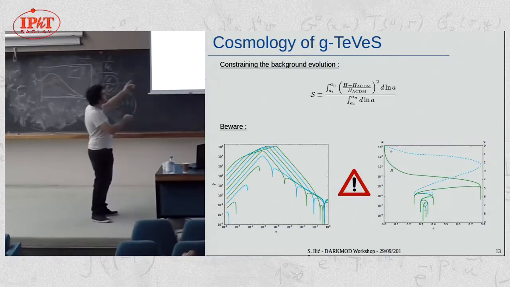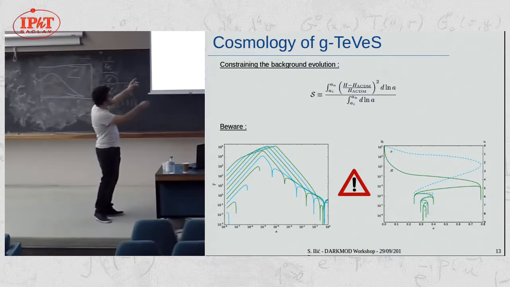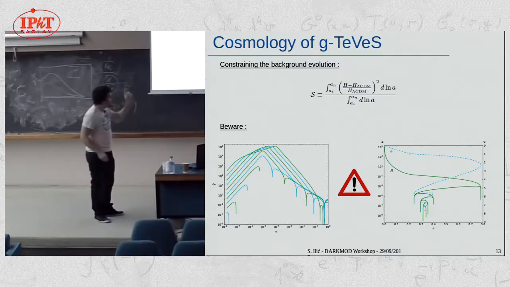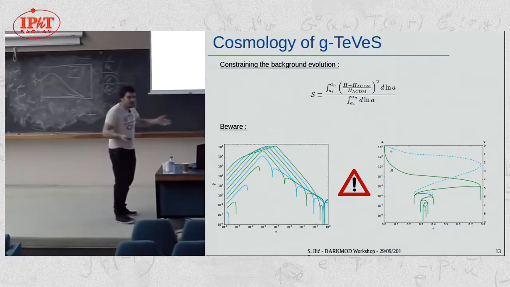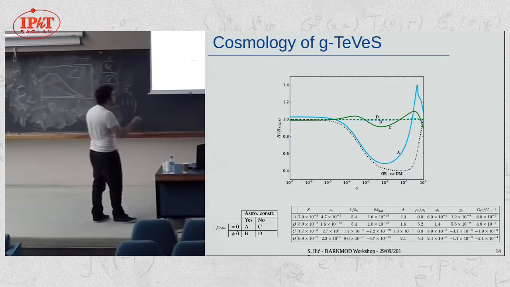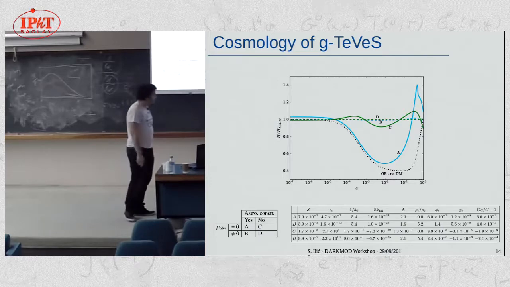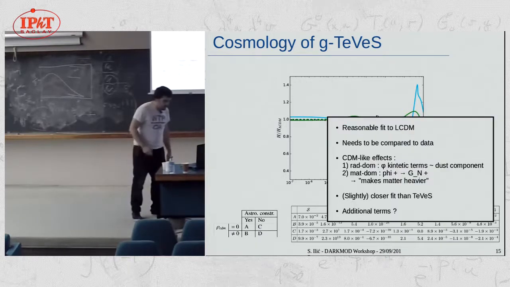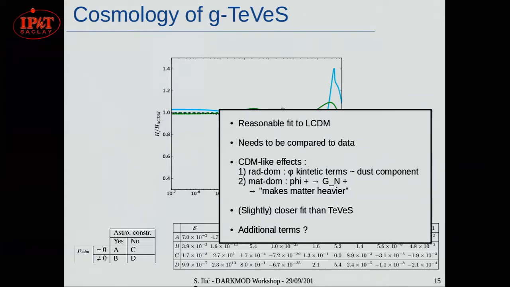Also, there's a kind of arbitrary weighting that is done here. It gives equal weight to logarithmic interval of a, so that must also influence the fit. You might get different results if you give more weight to lower redshift, for example. And another thing related to this is that it has yet to be confronted to actual data.